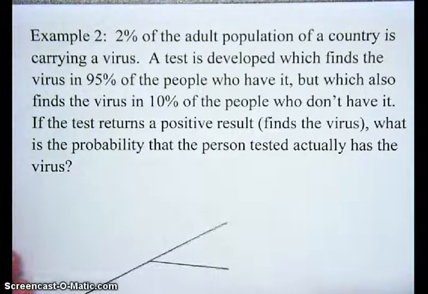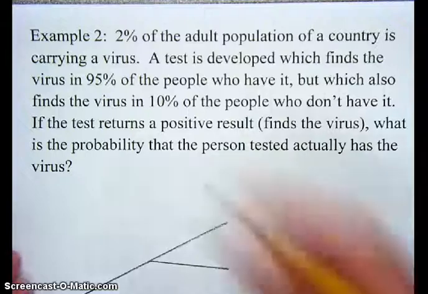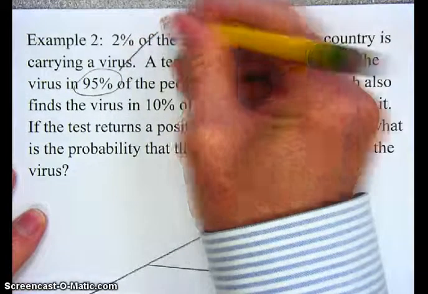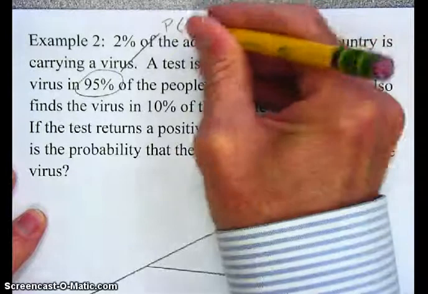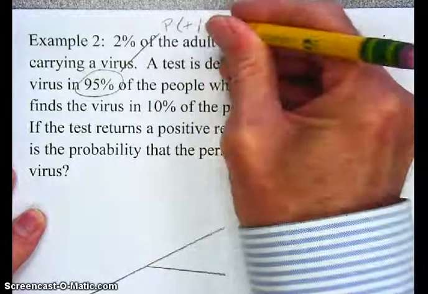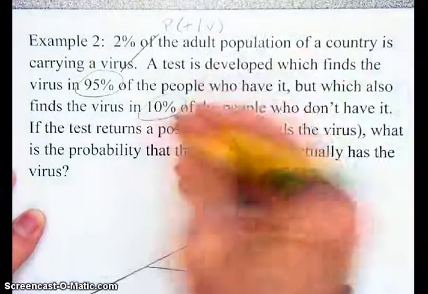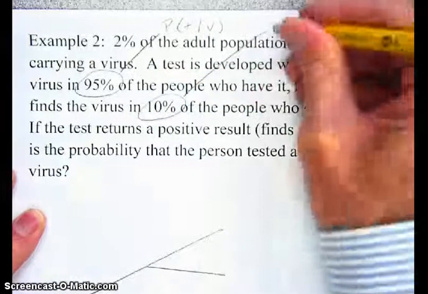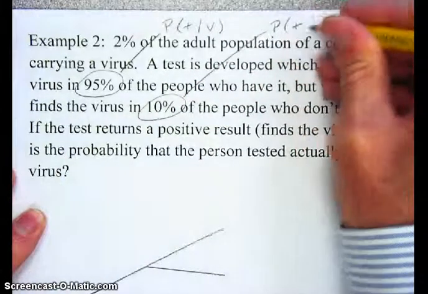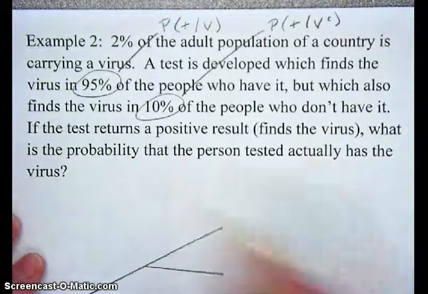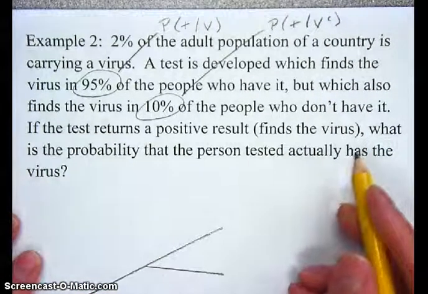Now, there are three conditional probabilities involved here. This one is the probability of getting a positive test result if the person has the virus. This one right here is the probability that somebody has a positive test result if they don't have the virus. The question here is about a third conditional probability.